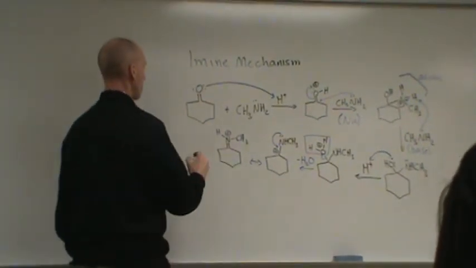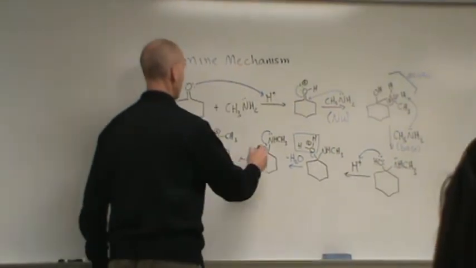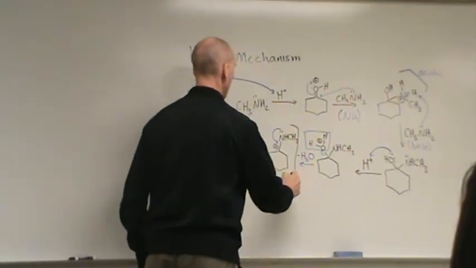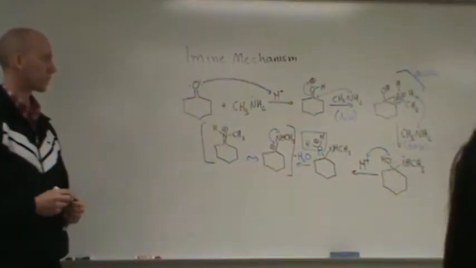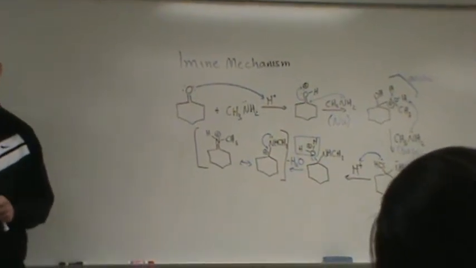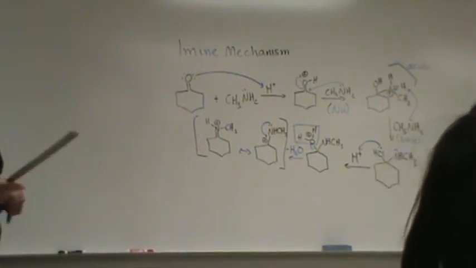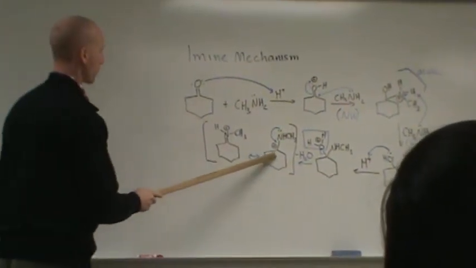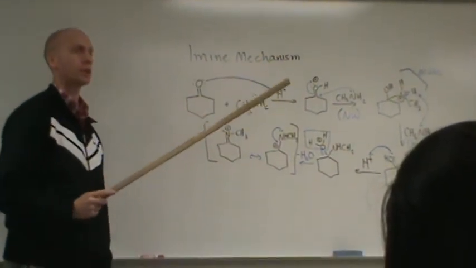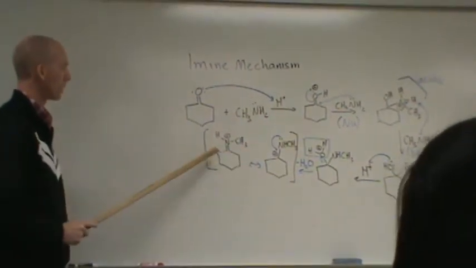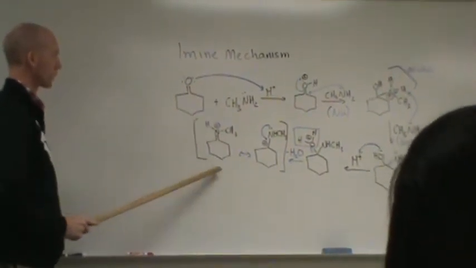Let me put brackets here so we can see the two resonance structures. Remember last time we used this resonance structure to go on to our last step. This time we're going to use this resonance structure here.